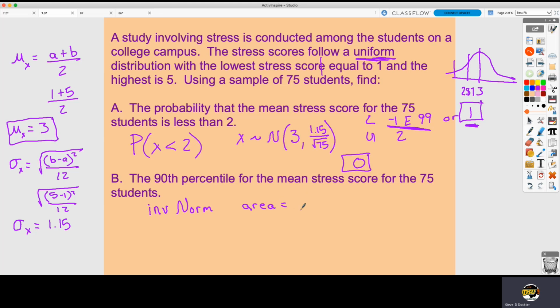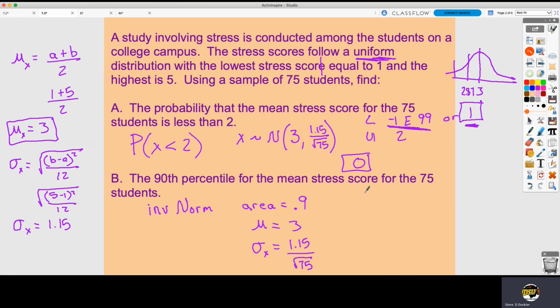The area is equal to what? 0.9. And then we've got our average, which is 3, and our standard deviation, which is 1.15 divided by, and because we have a group here, square root of 75.